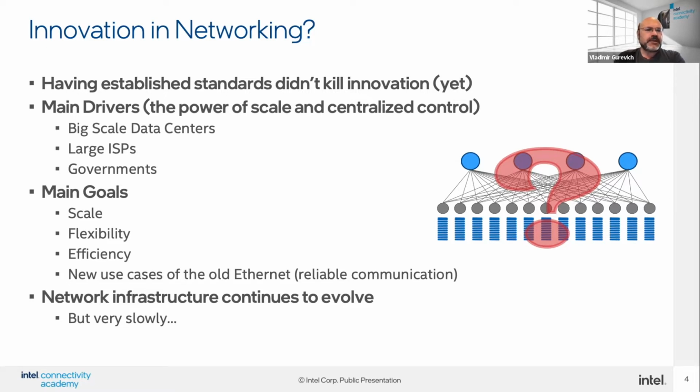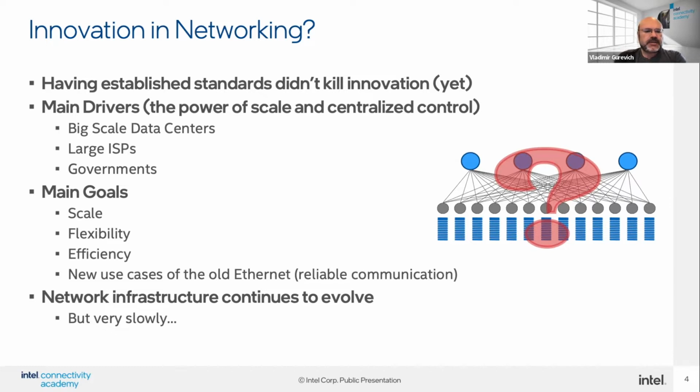The nodes, of course, are connected through the internet using our standard TCP/IP protocols. But inside large-scale data centers, big ISPs, or government institutions, there is still a lot of innovation going on. There are a number of drivers for that innovation. People try to build systems on a scale that they have never tried before.